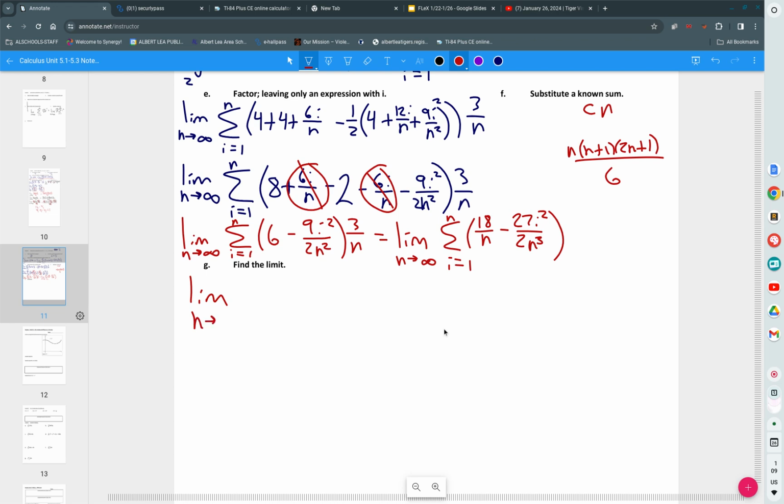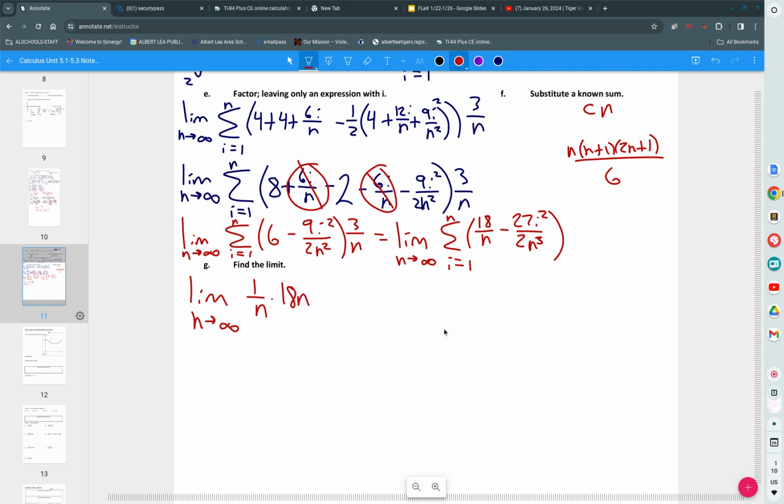Limit as n goes to infinity of the sum from i equals 1 to n. Oh, I don't need that anymore, do I? Silly Mr. Gintz. Making mistakes right and left. Let's see here. We're going to have the 1 over n factored out. And what we replace is the constant, which is 18 times n.